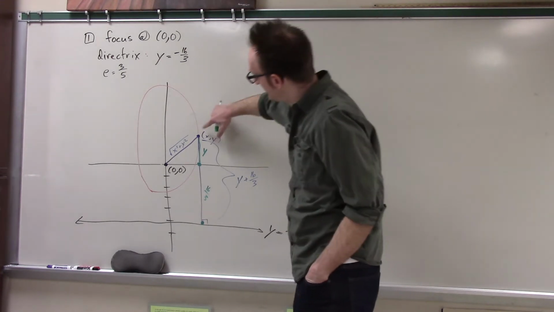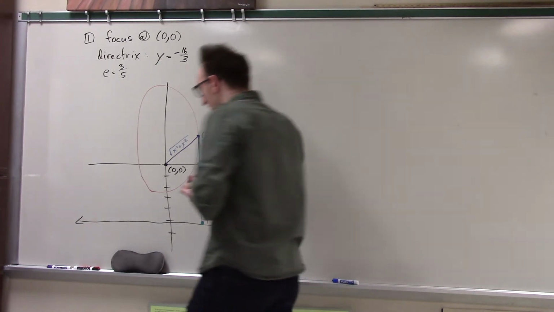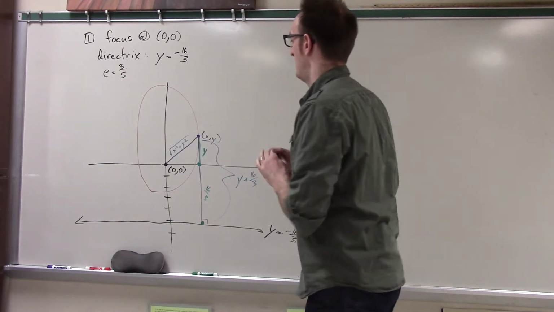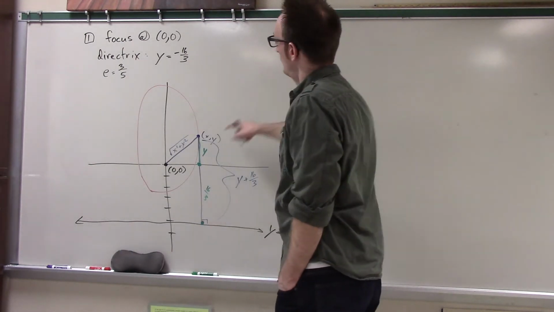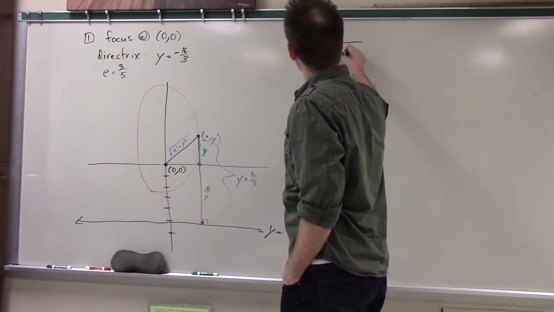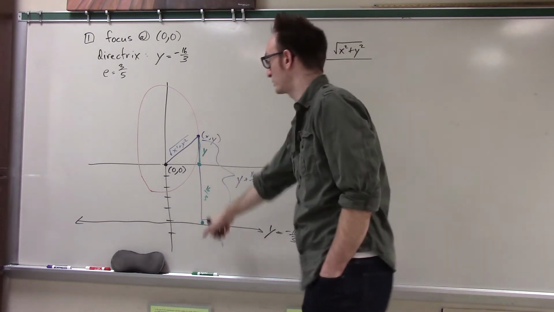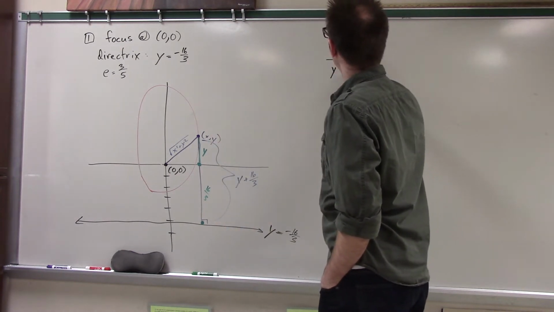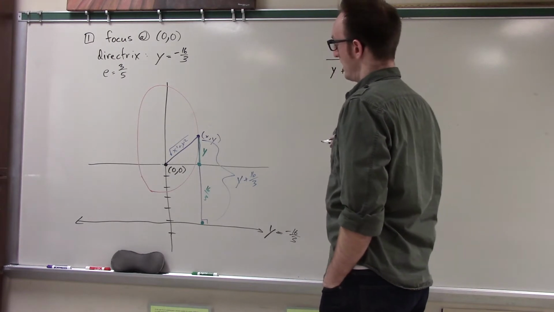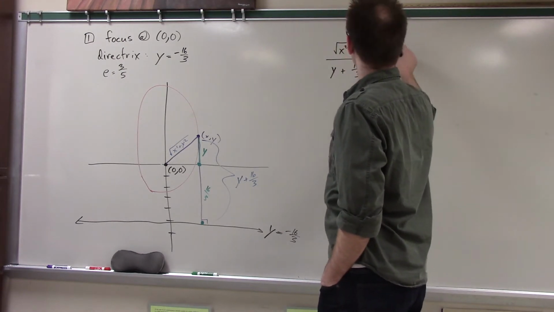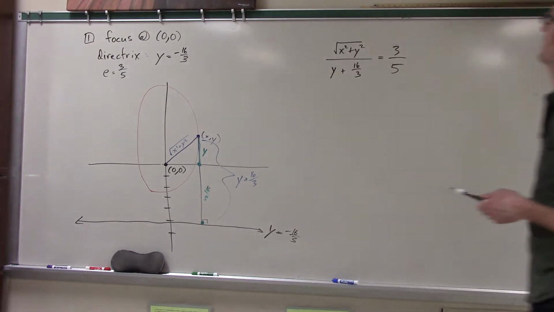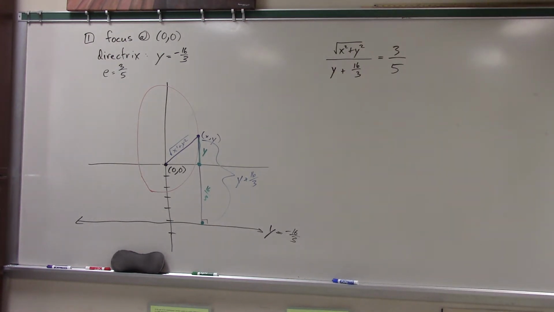And the fact is that this arbitrary point, x comma y, if it's on the ellipse, then it must be true that the distance to the focus, which is root x squared plus y squared, over the distance to the directrix, which is y plus 16/3, equals the eccentricity, which is 3/5. And that gives you the equation, and now we just basically do some algebra. You cool?